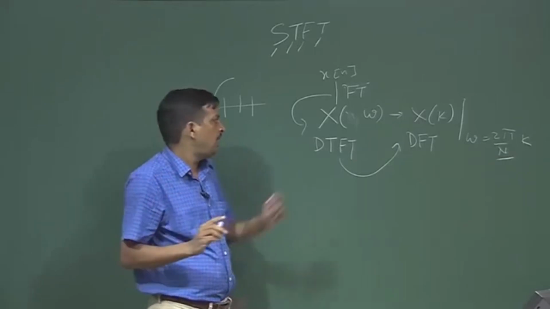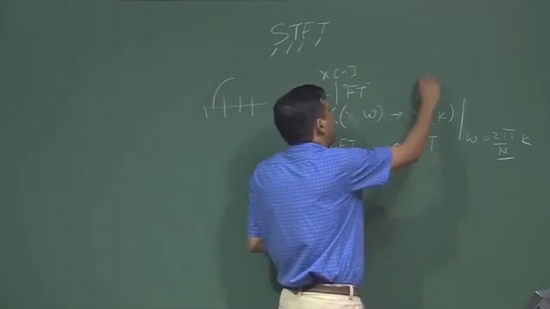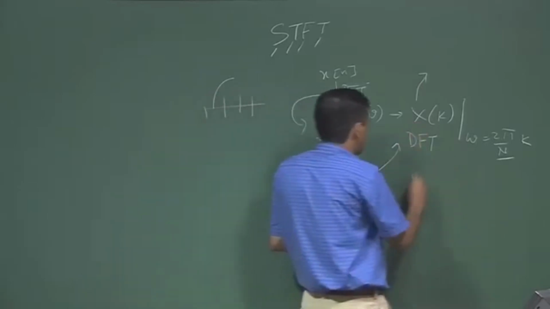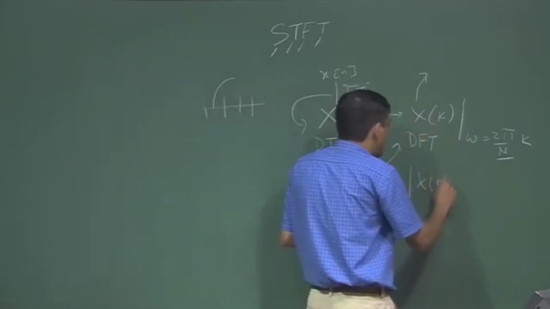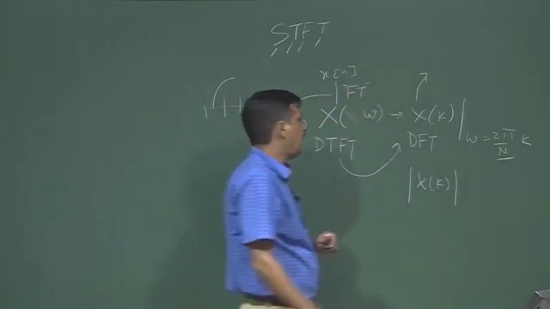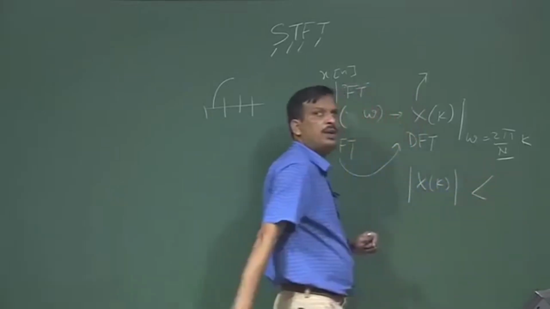Now, again you know that X k is a complex number. So, it has two properties, one is mod of X k, that is called amplitude, and angle of X k, tan inverse imaginary by real.